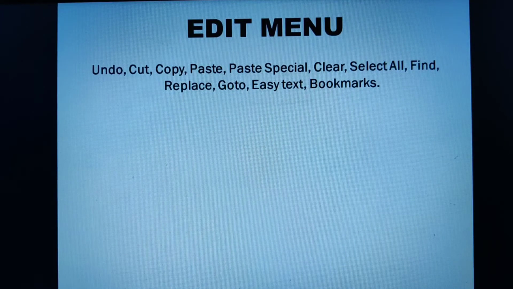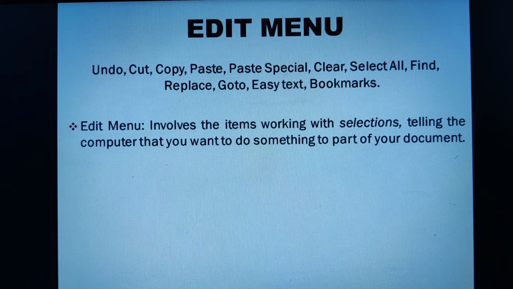Now this edit menu actually works with selections. This edit menu consists of different kinds of options like undo, cut, copy, paste, paste special, clear, select all, find, go to, replace, AutoText, and bookmarks. All these options come under the edit menu.